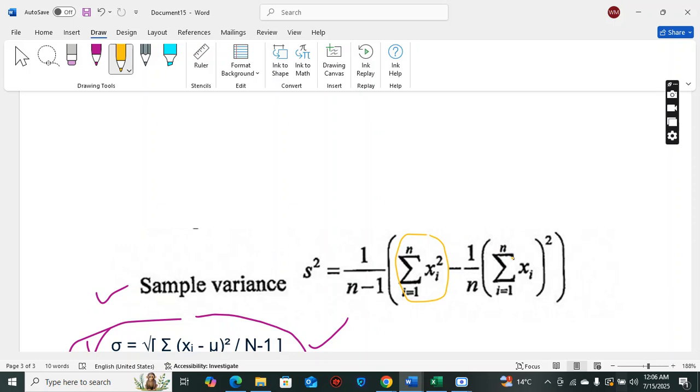You need to square it. And then n is just the total number of numbers, which is 30.